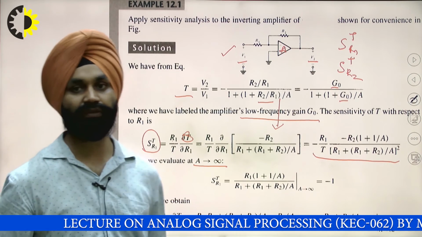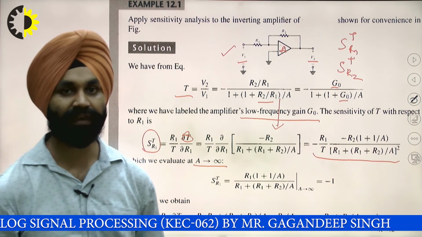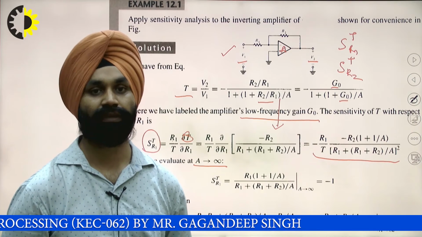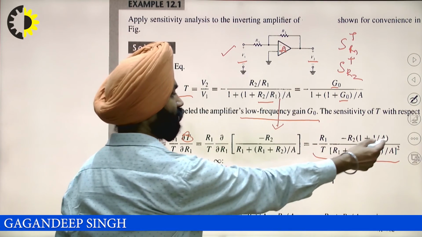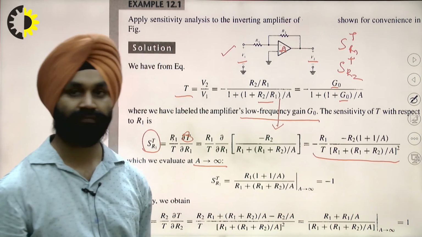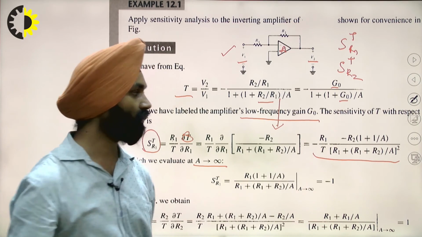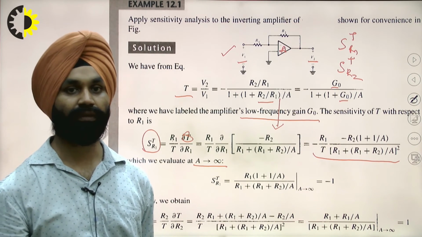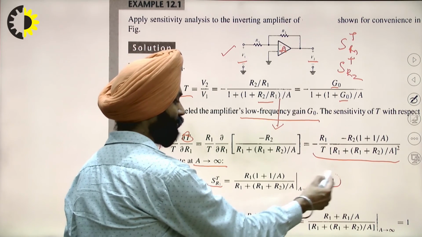As A's value is always much higher, we can take A as infinite. Now when A is infinite, this whole value will be equal to 0, and this will give R1 by R1, which will be cancelled out, and the sensitivity of T with respect to R1 will be equal to -1.